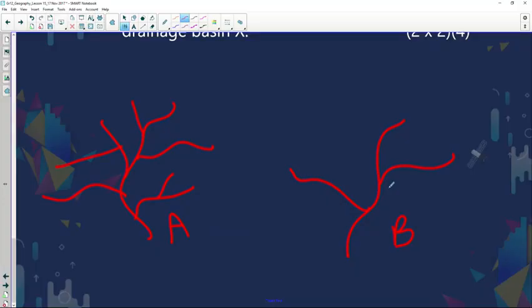It will be number B. We will see less surface runoff. If it's impermeable rock, it's going to be a high density. And then obviously as well, the amount of precipitation. A place in a high rainfall area is going to have a high density. A place in a low rainfall area is going to have a low density, like drainage basin B.